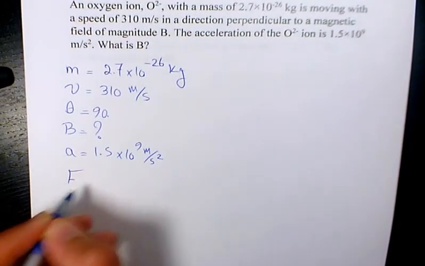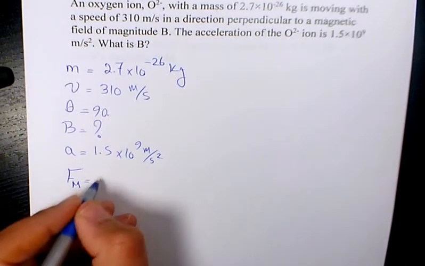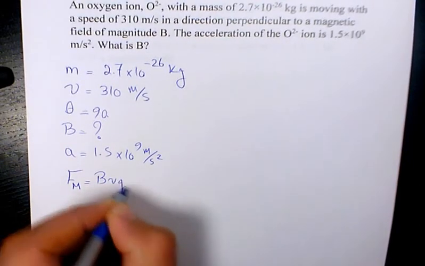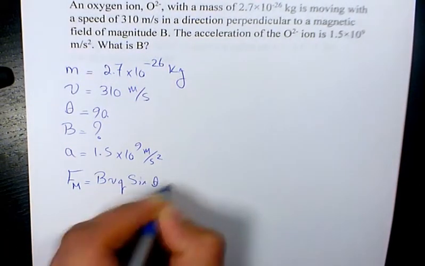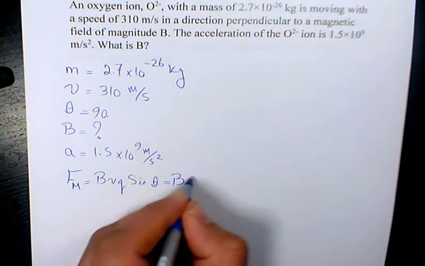So it means that we have only one force, magnetic force, which is BVQ sine theta. Theta is 90, so that's going to be 1 BVQ.